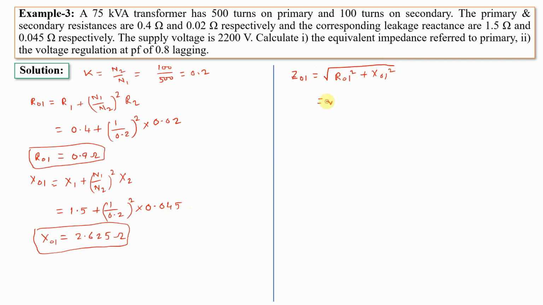So R01 is 0.9 square plus X01 is 2.625 square, and its value will be 2.775 ohm. So this is the equivalent impedance referred to primary.